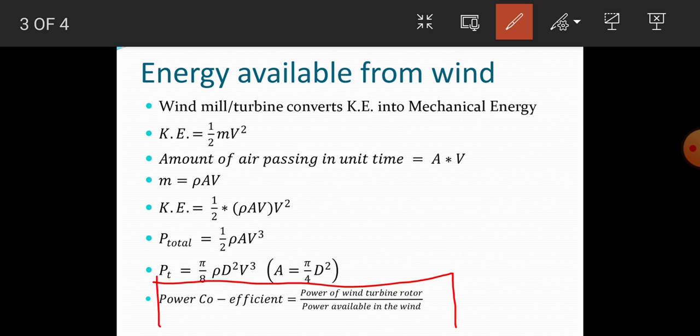So the power that can be extracted by a wind turbine rotor: the maximum theoretical power coefficient is equal to 0.593, that is around 59.3 percent. This value cannot be exceeded by a rotor in a free wind stream.